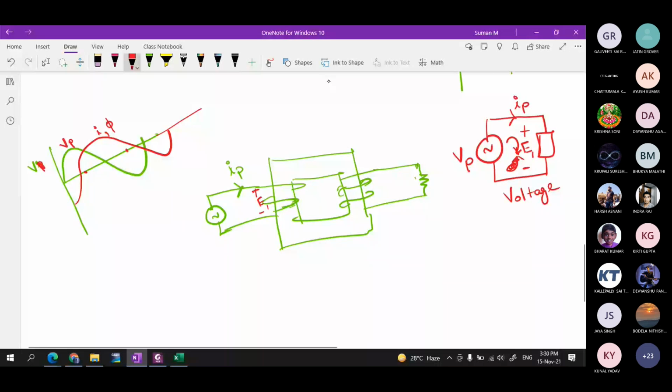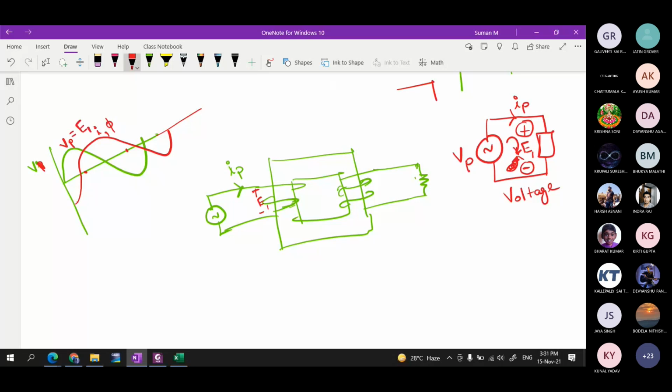If I consider the current, here you are having positive polarity and here you are having negative polarity. The current direction is in this way. If the current enters the positive polarity, it is considered a voltage drop, and if the current enters the negative polarity, it is a voltage rise. If you consider it as a voltage drop, then your induced voltage will be equal to your primary voltage.